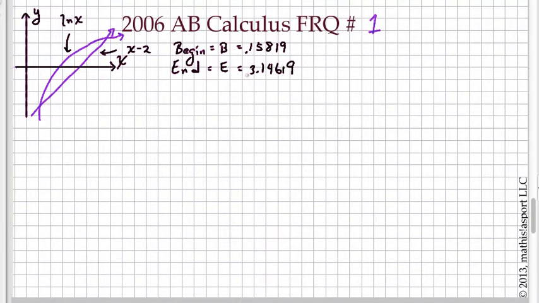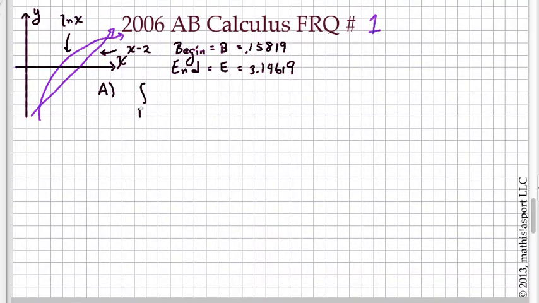Again, we find these by putting each equation separately into our calculator and then solving for the 2 points of intersection. So part A just asks us, as I said, to find the area between the curves.